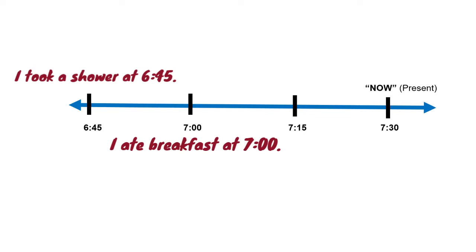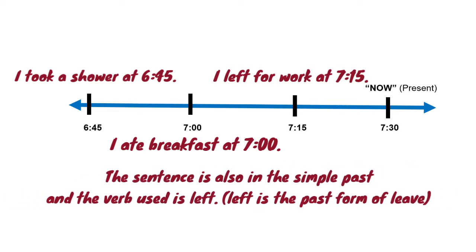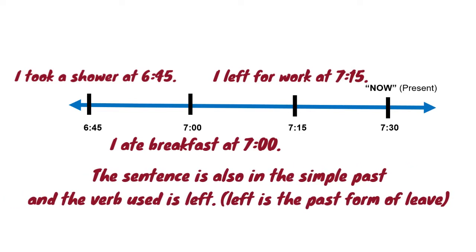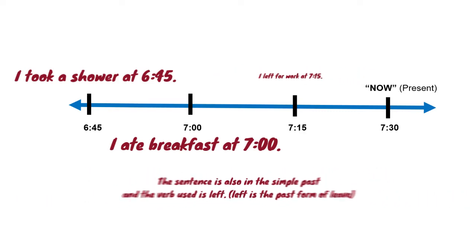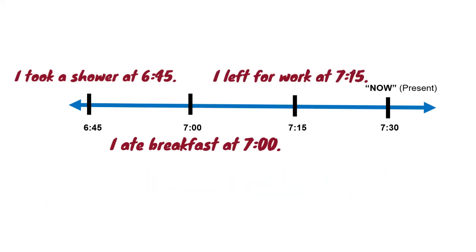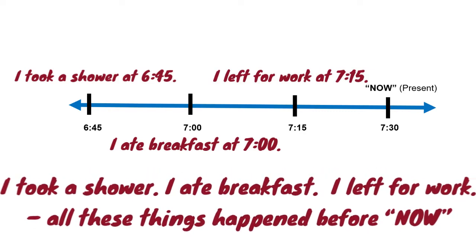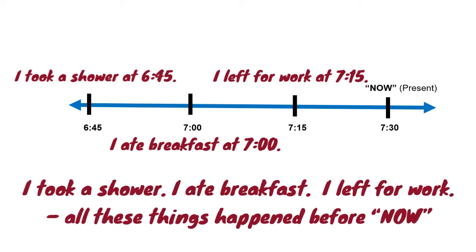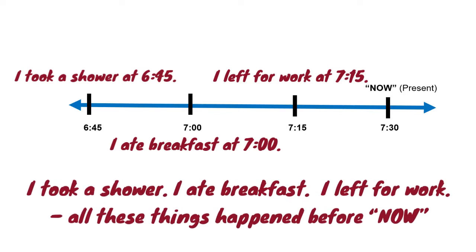Next, I left for work at 7:15. The sentence is also in the simple past and the verb used is left. Left is the past form of leave. Look at our timeline. I took a shower, I ate breakfast, I left for work.